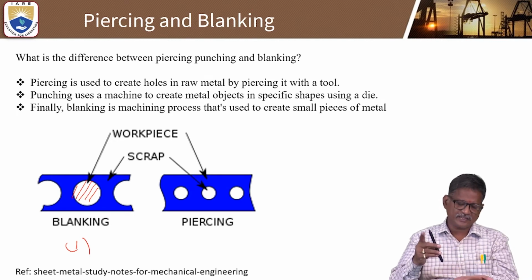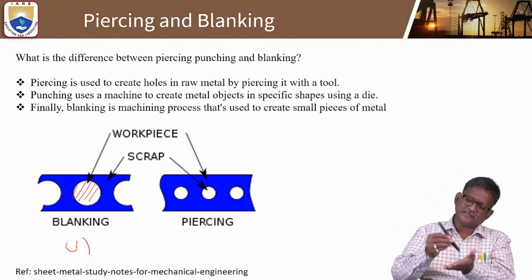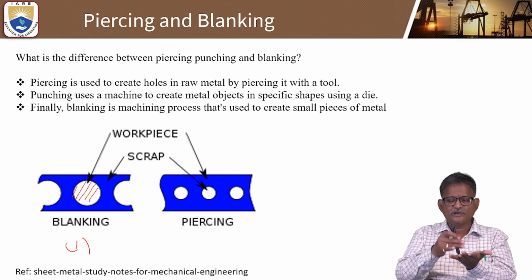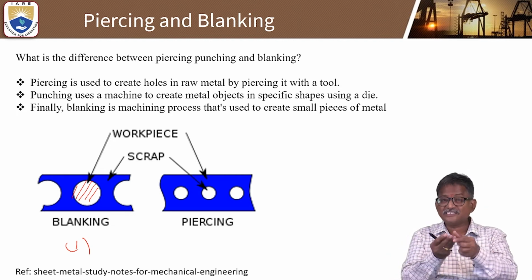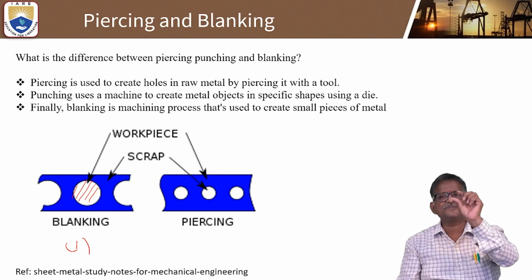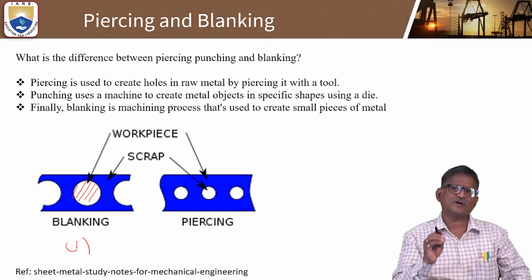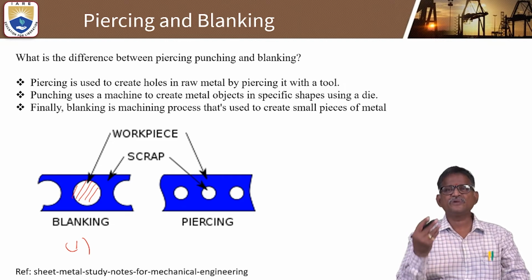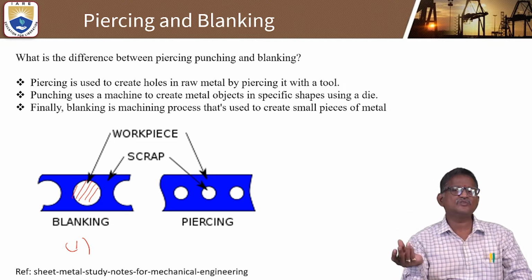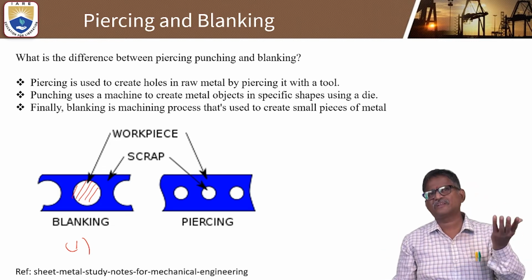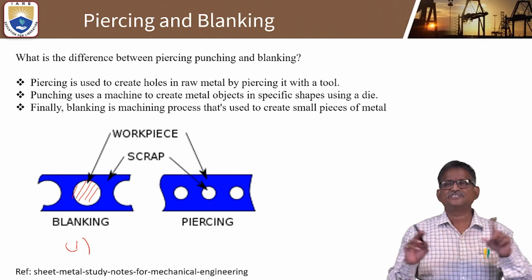For example, if you apply a sharp metal, a hole will come. Okay, yes or no? The sheet should be less than 5 mm thickness. When you want to perform a piercing operation, you create holes in raw material of 2 mm or 3 mm, or less than 5 mm, thickness.